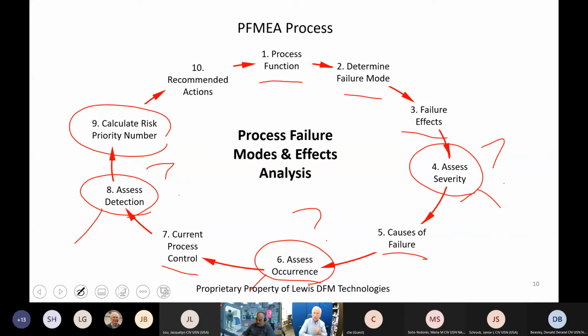And then we come up with recommended actions where we kind of go around the horn again here and redo this after we've made some recommendations and made some changes and do a recalculation of the risk priority number of our causes. So let's move on to each one of these things.